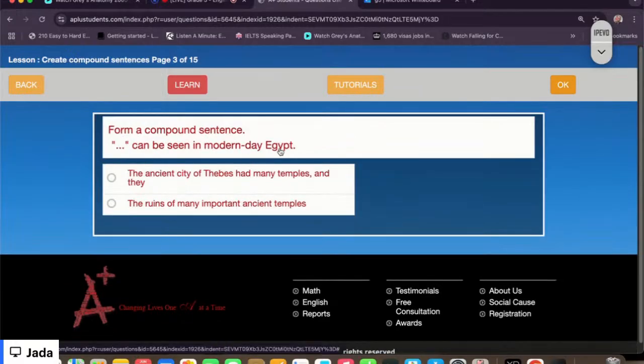Dash can be seen in modern day Egypt. The ancient city of Thebes had many temples, and they dash the ruins of many important ancient temples.